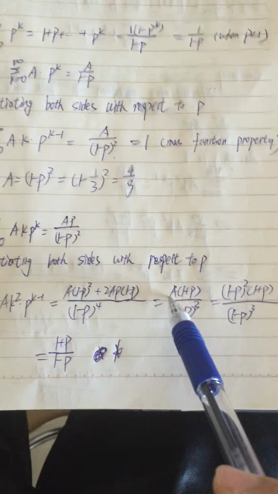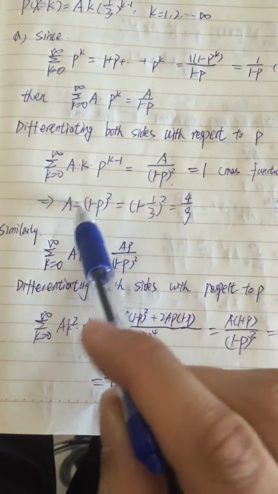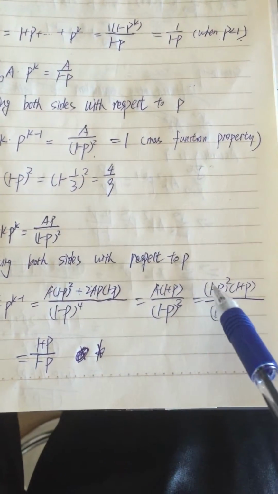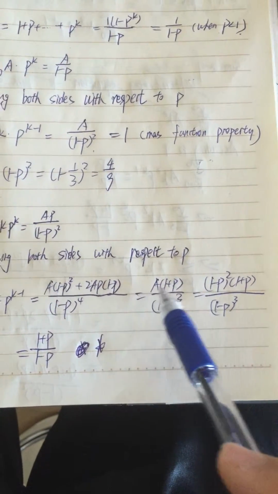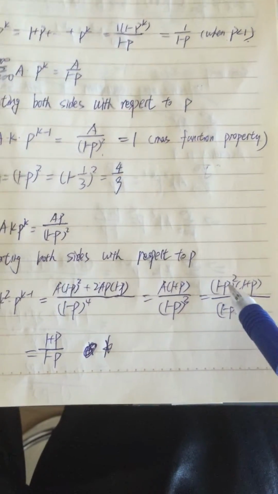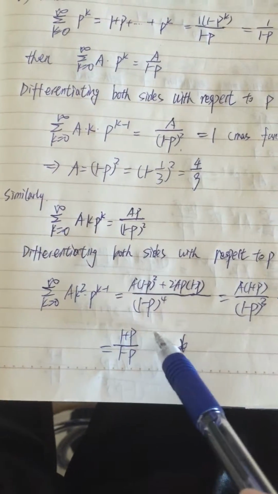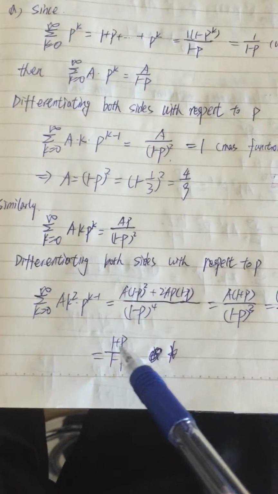We know that a is equal to 1 minus p to the square, so we put a equal to this, and it's 1 plus p over 1 minus p.